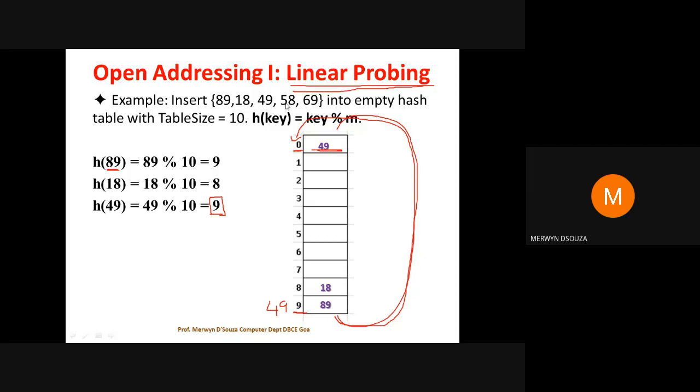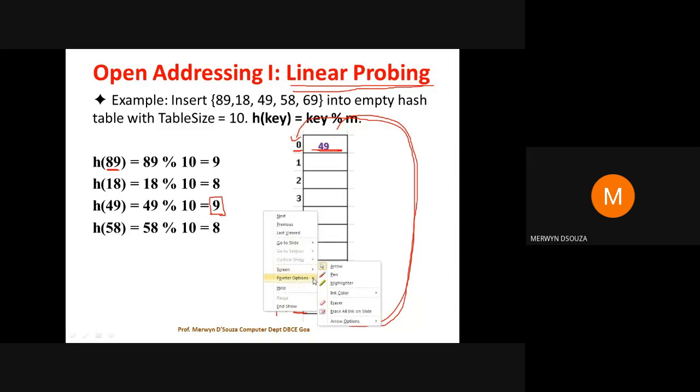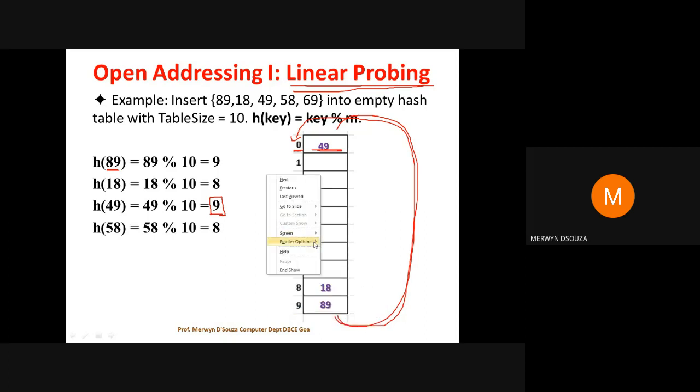Take the next value 58. Compute the hash, you get hash as 8. You will try to insert 58 at the hash value 8, but you find that 8 is occupied. So you go to the next index 9 and try to insert 58 there, but you find that this is occupied.